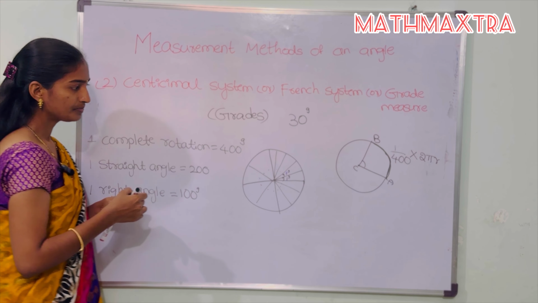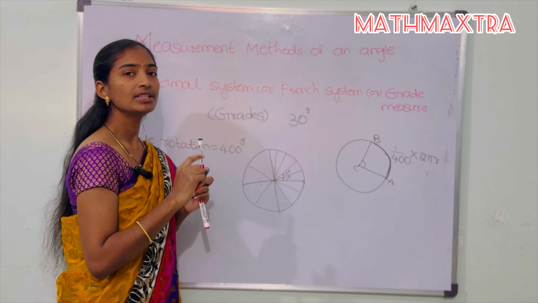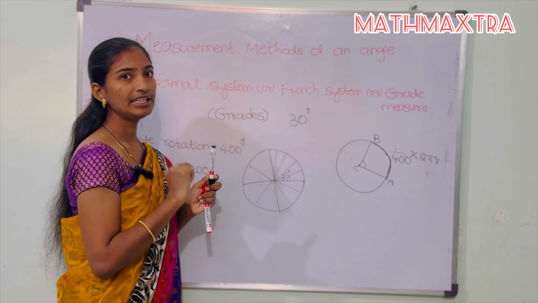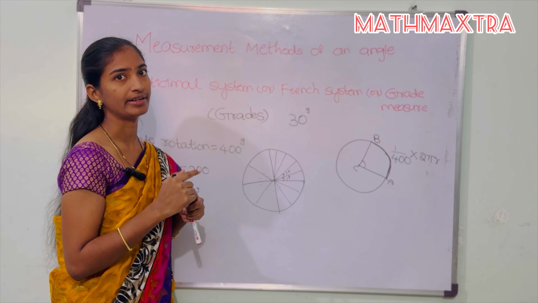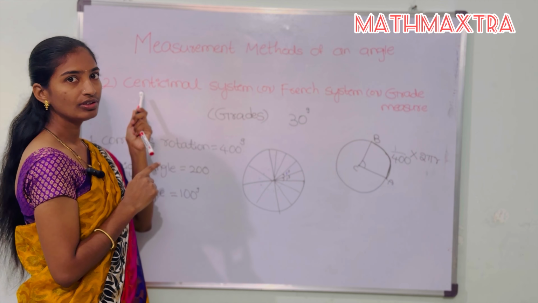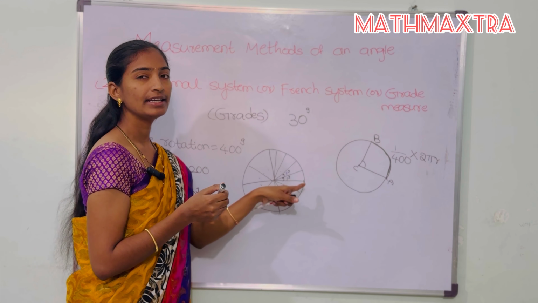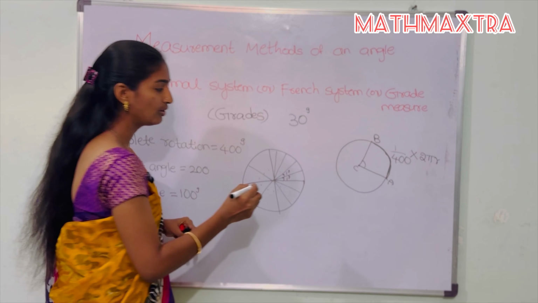In the previous system, 1 degree is divided into 60 equal parts and each part we call a minute. So in the centesimal system, centi, the name itself is telling us that 1 grade is divided into 100 equal parts.